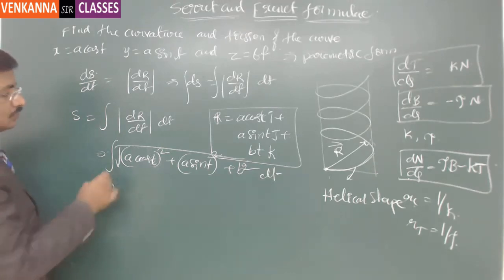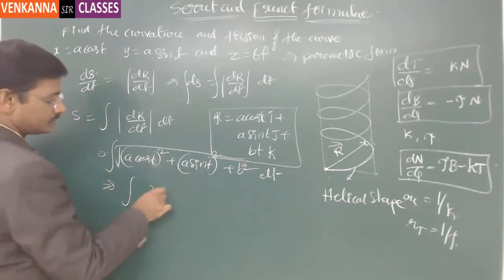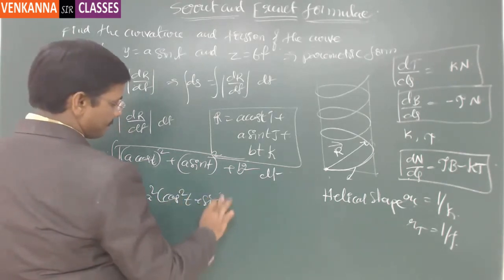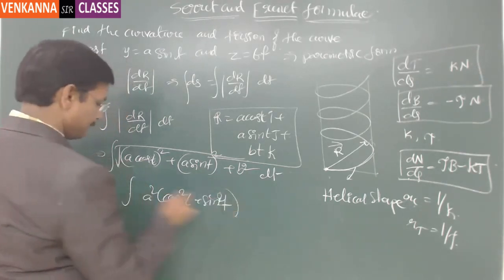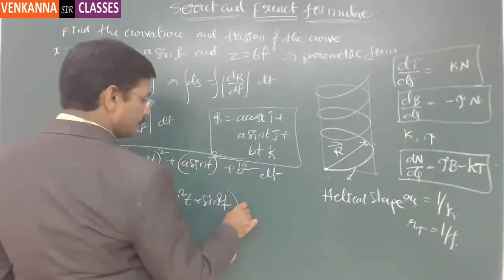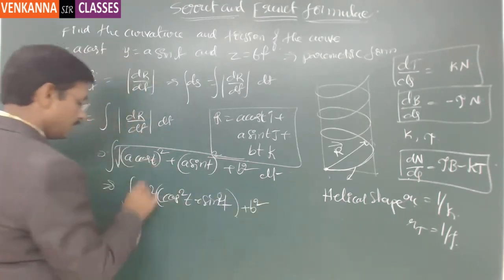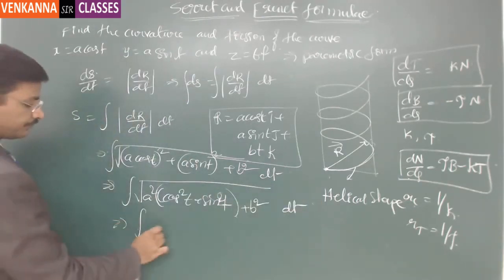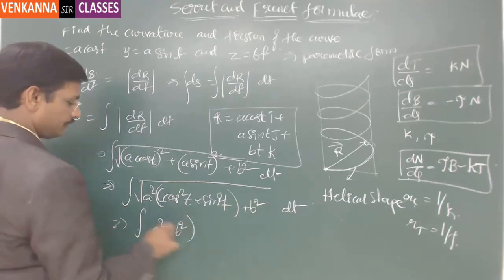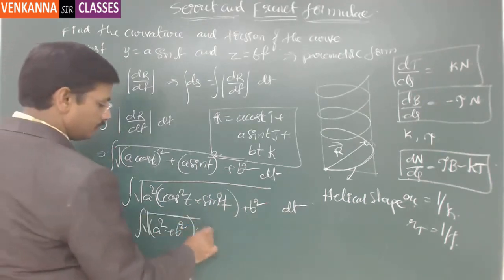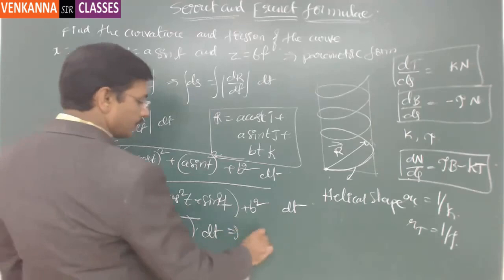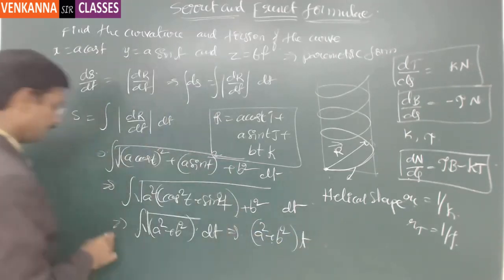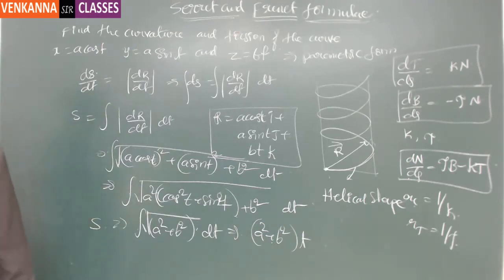Now this value is going to be the integral of a square into cos square t plus sin square t, plus b square, under root, dt. So this is nothing but a square plus b square under root into dt. So this is under root of a square plus b square into t. So this is the value of s. Got it?